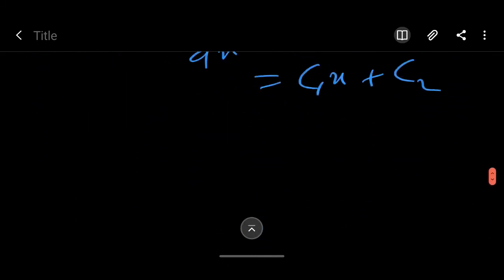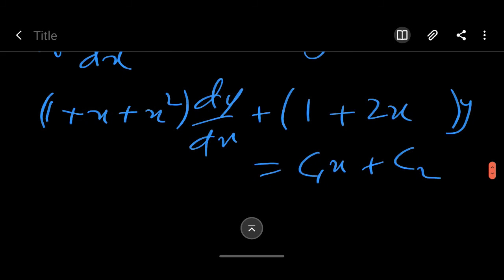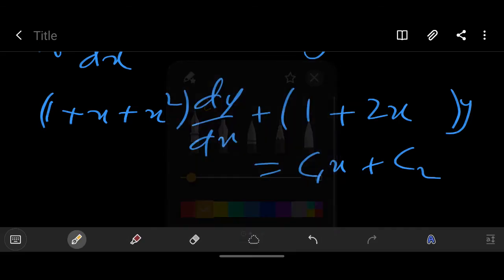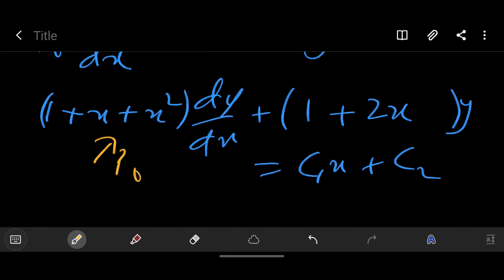Here this is P naught again, and this is P1. So we have P naught and P1 only.